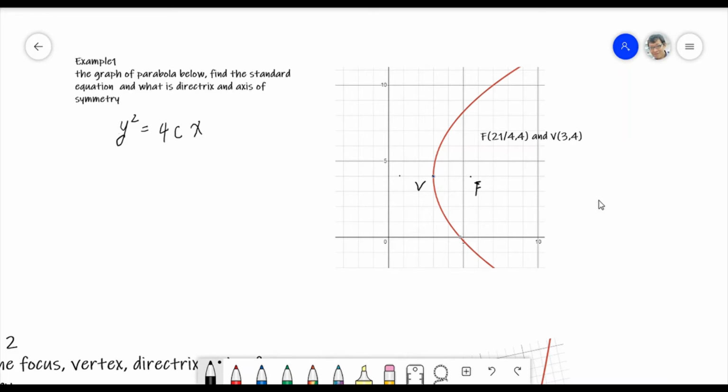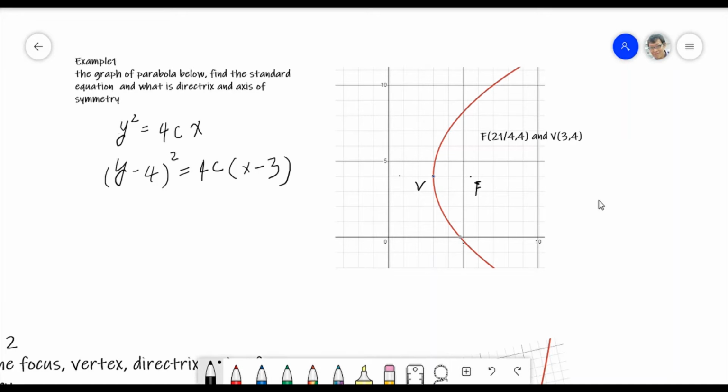As we already know the vertex, we can write it as y minus 4, squared, equals 4c, which we still don't know, times x minus 3.